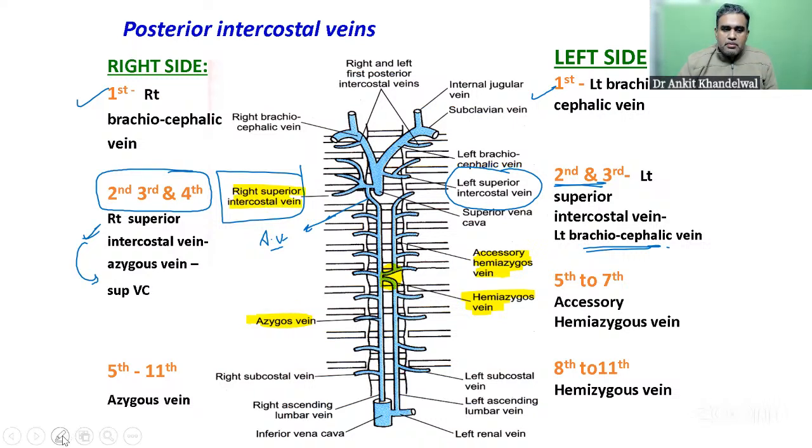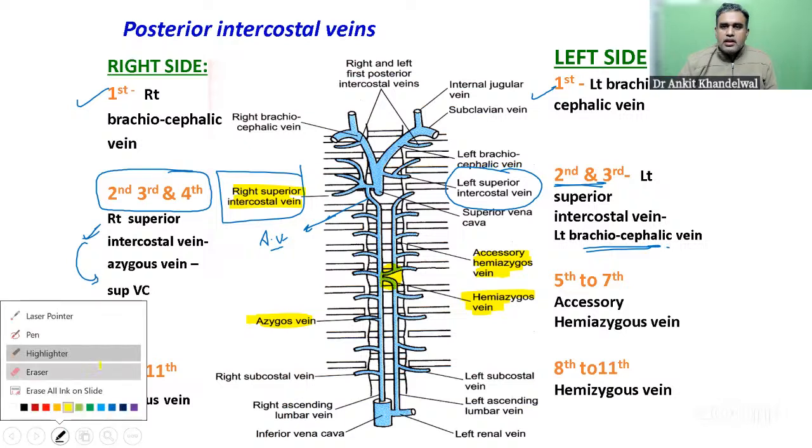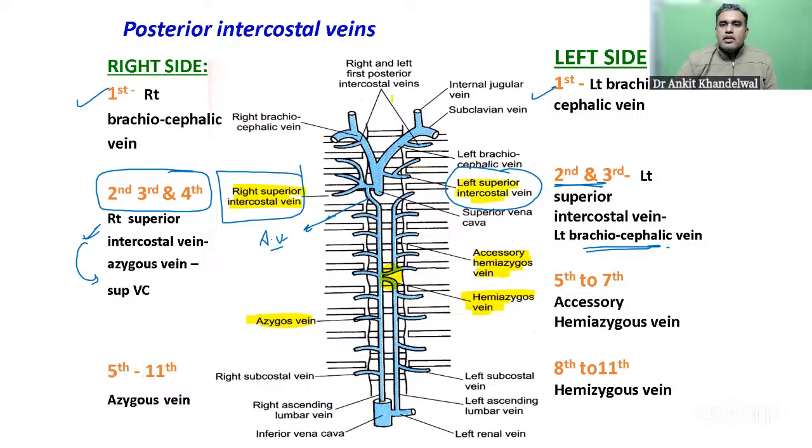The rest, if I may highlight in the light green color over here, the left superior intercostal, and we have the beginning ones, that is the right and left first posterior intercostal. Okay, just a second. I wanted to use the green color. Let me use it again. Yeah, the left superior intercostal, that is the left second, third, fourth, and the right and left first posterior intercostal.